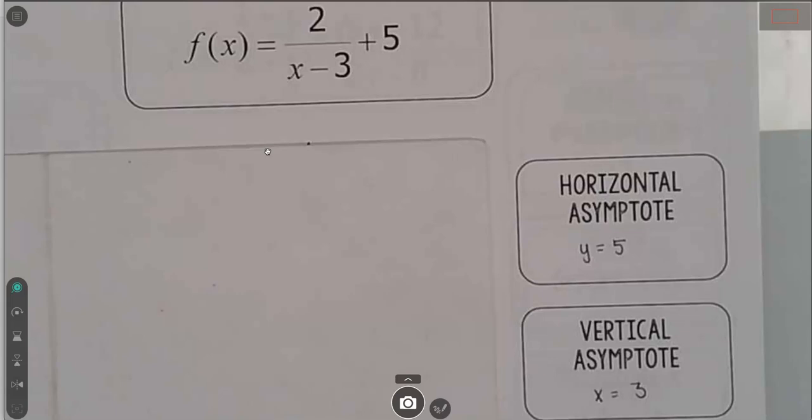Give me the range. I'll give you guys 1 more minute.